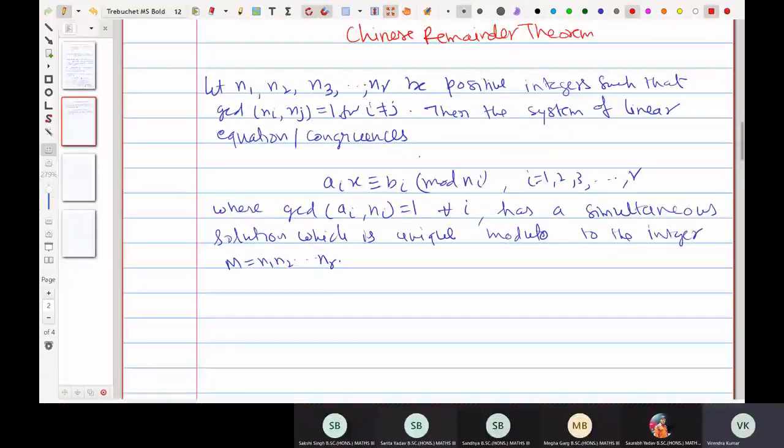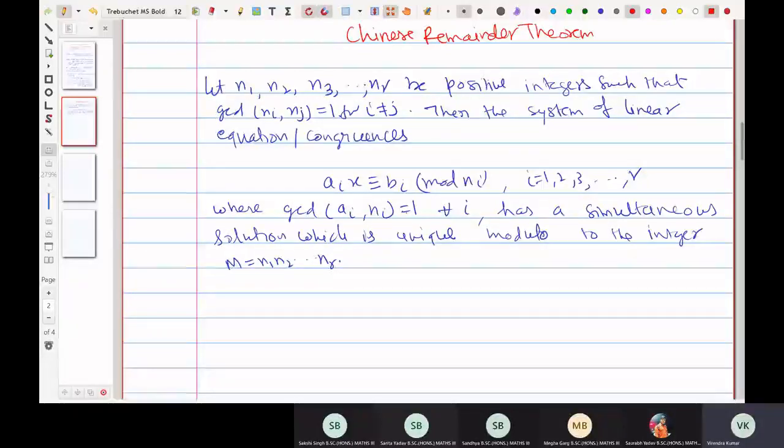Something we need to see here from the last theorem is that ai and ni should be relatively prime. This is also necessary, because if you want a simultaneous solution, every equation should have a solution, and for that it is necessary that ai and ni be relatively prime.